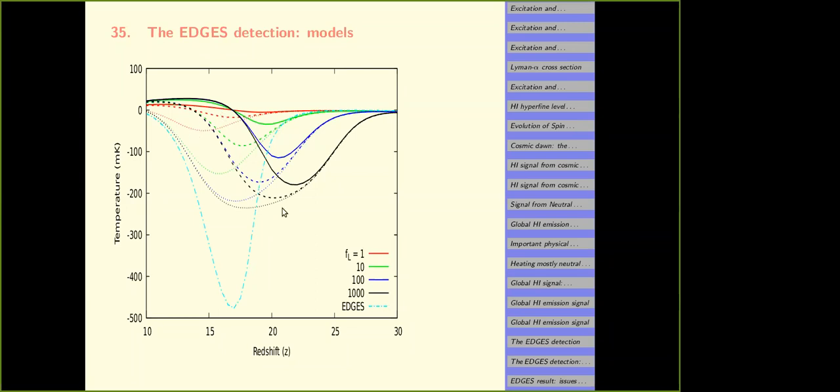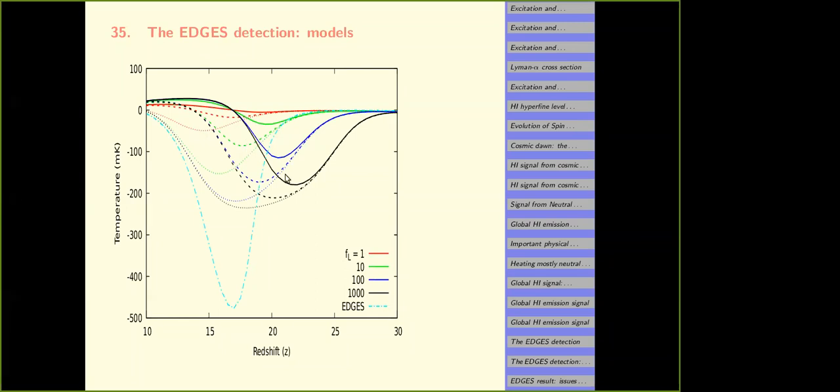All 3 red curves correspond to FL equal to 1, but correspond to 3 different heating models. I'm asking what each different heating model is denoted by. Dotted lines are for weaker heating models. You can see the trough is deeper in those cases.